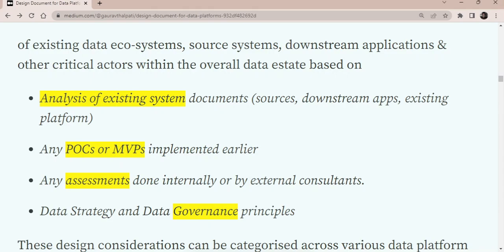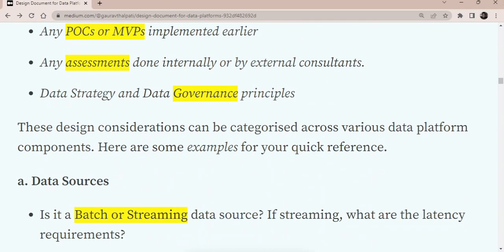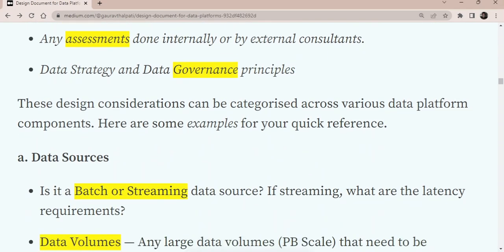So if such assessments are already done, go through that. There might be some assessment done by external consultants also. Some of the teams do that. So look at the assessment reports that they have generated, study that, and also look at the overall data strategy and the governance principles. These are all important factors that you should go through while compiling the design considerations.